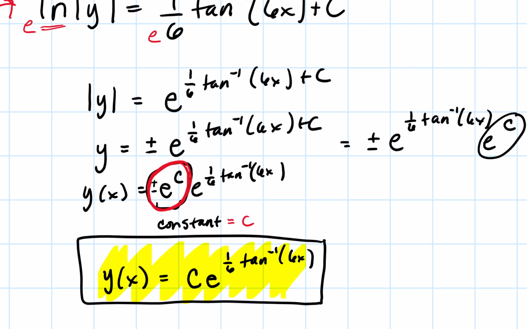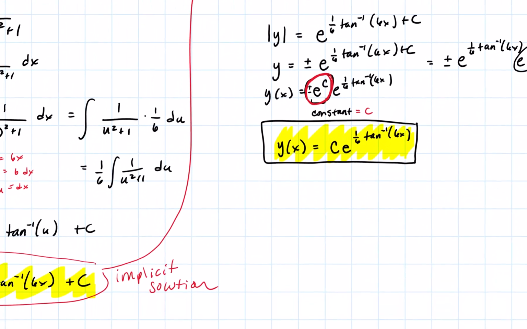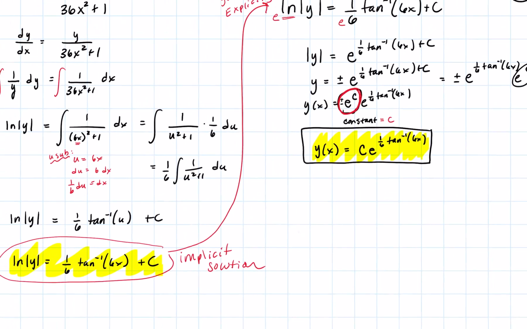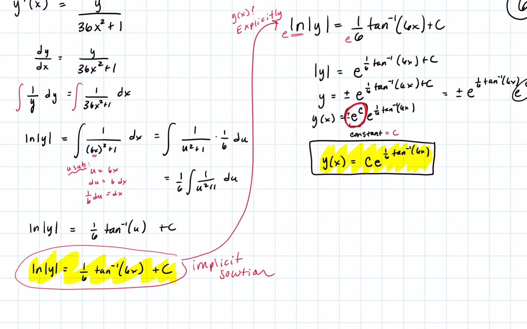We'll go ahead and highlight that. And that is my explicit solution. So down below we had the implicit, and up here we have found our explicit solution. And kind of simplified it down with that behavior of the constants in the exponential functions.